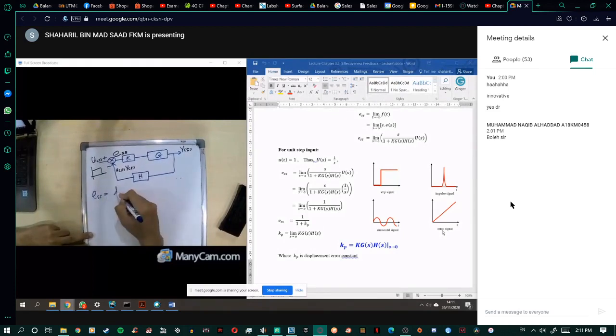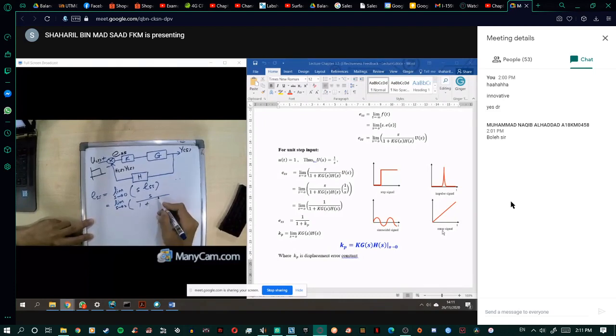Yes, s and limit s going to 0, and then you multiply s with it here. And then you can get the limit going to 0 of 1 plus... if you can make it forward, it will be good.